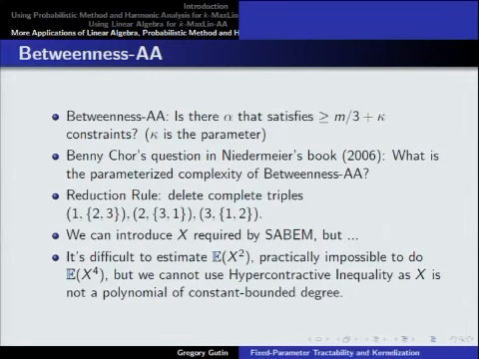But we could not use the hypercontractive inequality because any natural X you construct there is not a polynomial of constant bounded degree. So the question is what to do here.